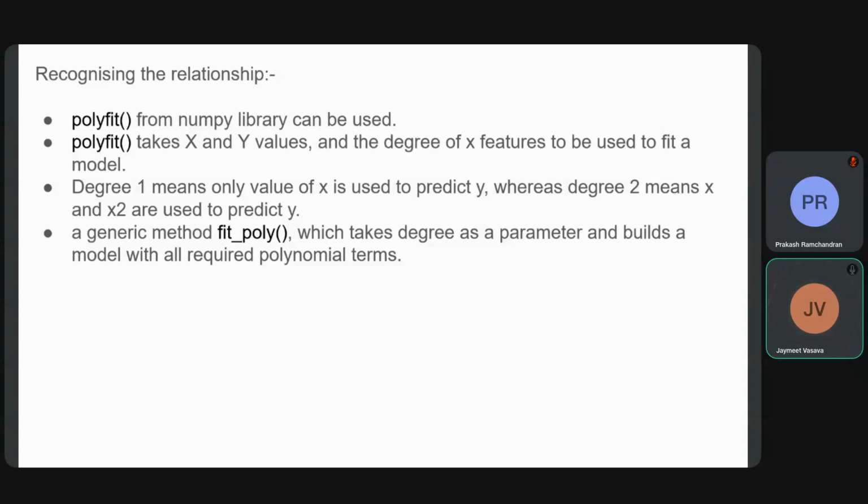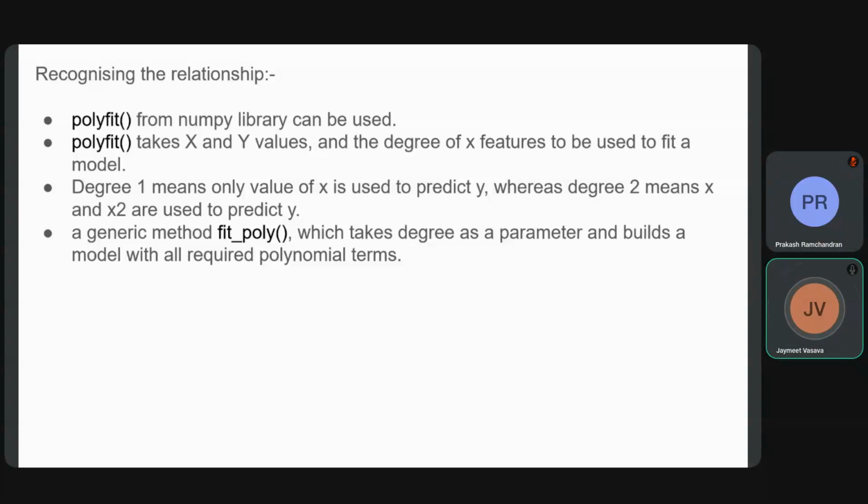Polyfit takes x and y values and the degree of x features to be used to fit a model. Degree 1 means it's a linear one, and only the value of x is used to predict this model, whereas degree 2 means x and x square, both of them will be used to predict the values of y.